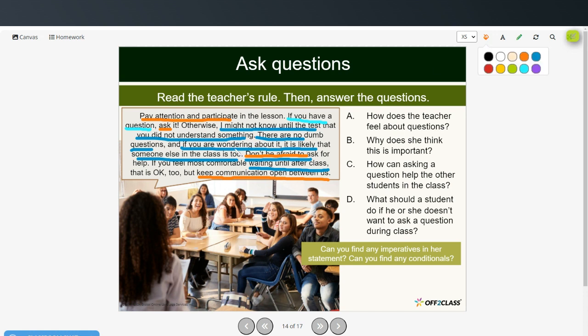Here, if you are wondering about it, it is likely that someone else in the class is too. That is a conditional, zero conditional. And then if you feel more comfortable waiting until after class, that is okay, but keep communication open. So that's another if clause followed by an imperative, so a zero conditional.